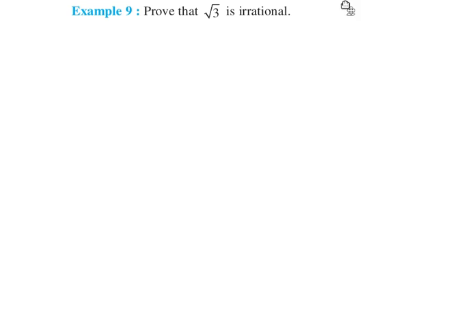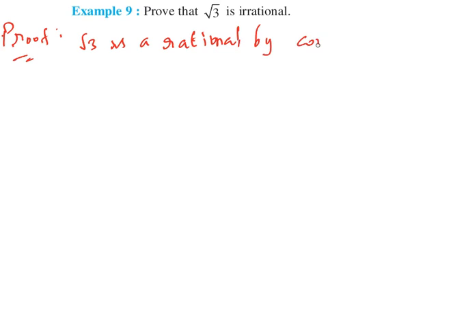In the same way, we will try to prove root 3 is an irrational number. So for this, by contradiction, we'll take root 3 is a rational number.